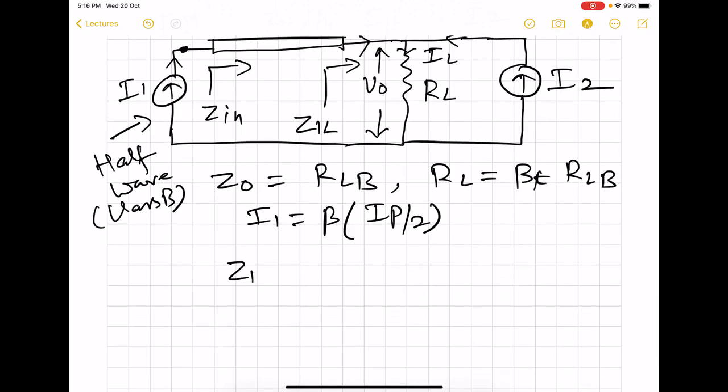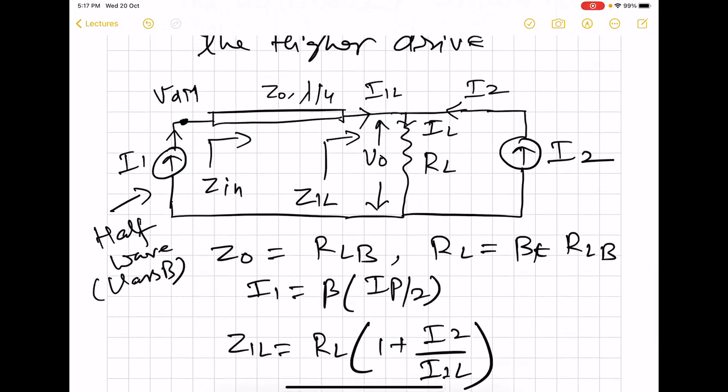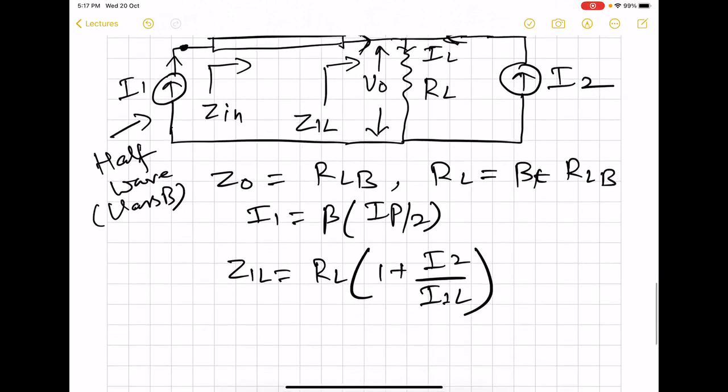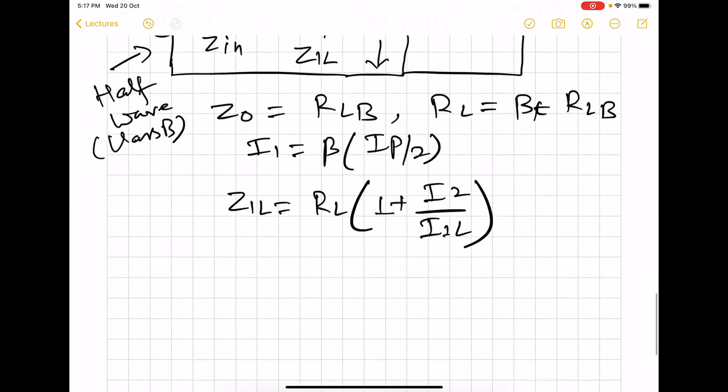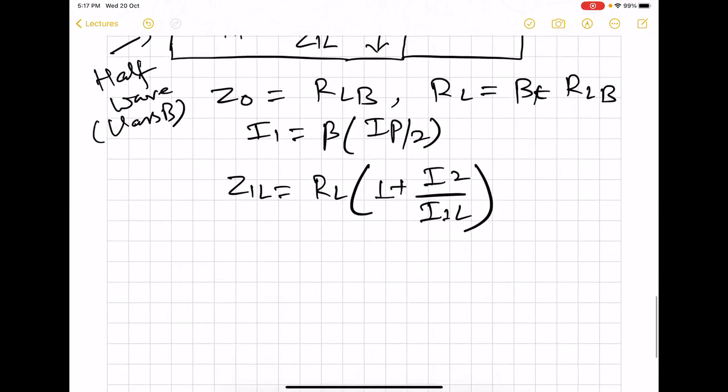And this load is going to be RL into 1 plus I2 by I1L. So the second current entering into the load, divided by the first current. This ratio will play an important role.